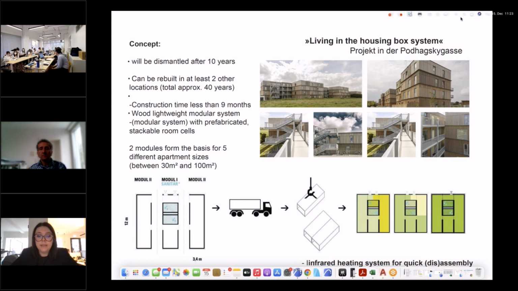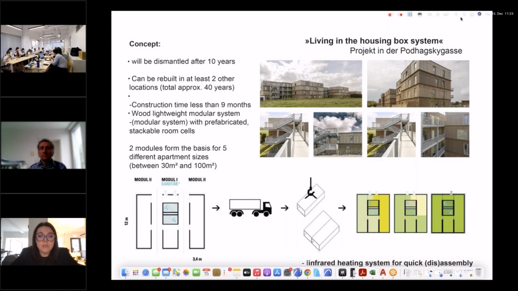It's built in such a way that you can disassemble it and build it again in two other locations. So the lifespan of the building is approximately 40 years.